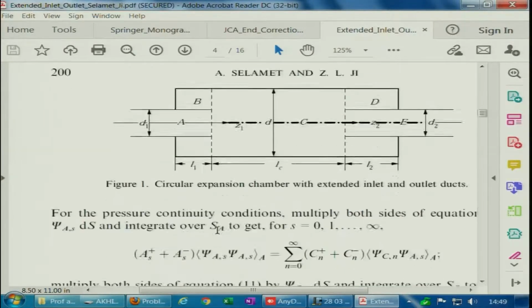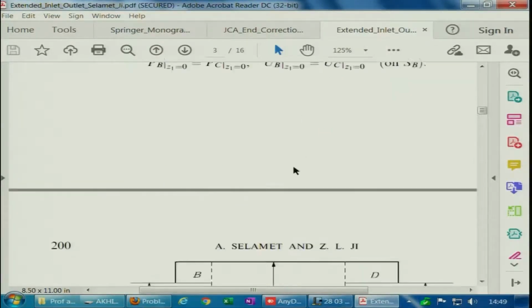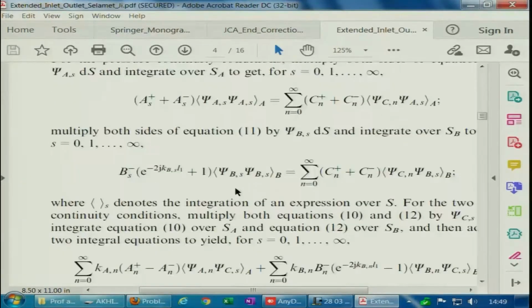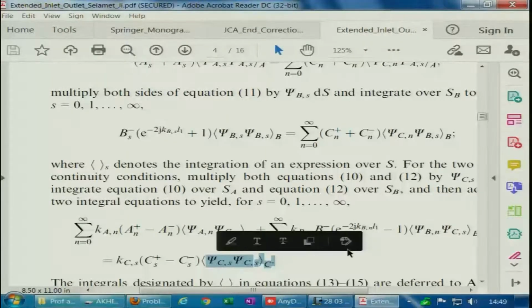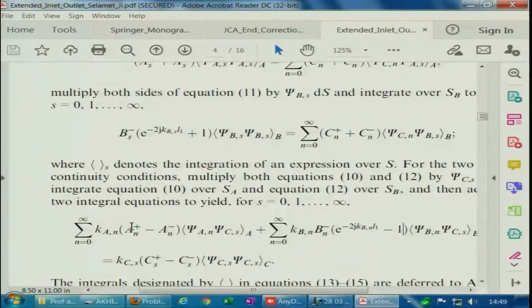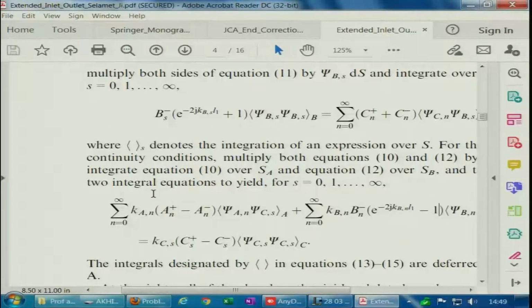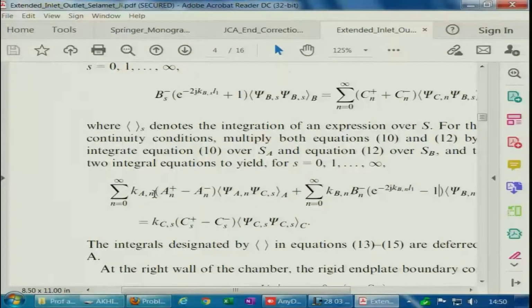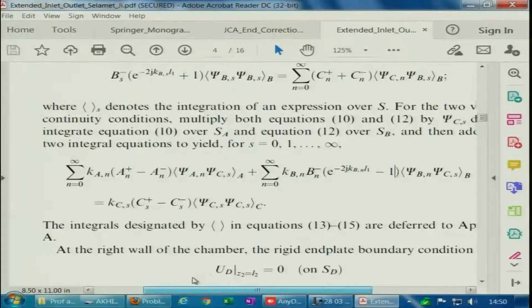Similarly, multiply the other velocity condition with the modal function for the annular region, integrate over the annular area, and then add them. Only when you add them, only this particular term survives, and in the other set of equations, other terms will be there. The integrals designated by this are referred to the appendix of this paper.